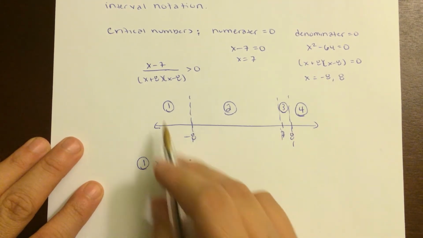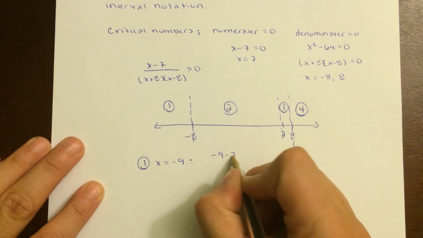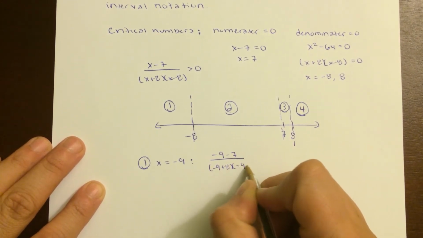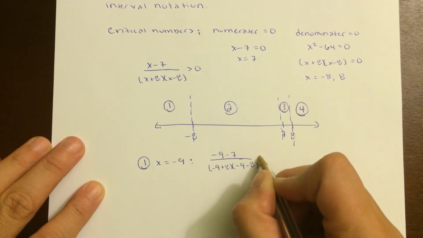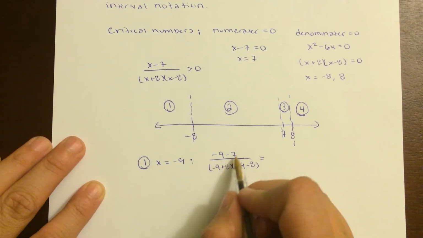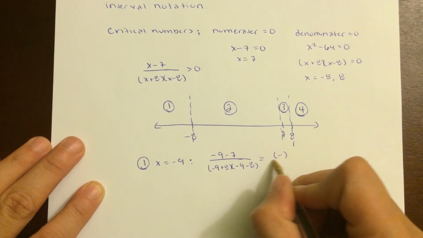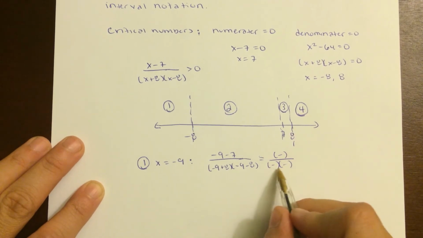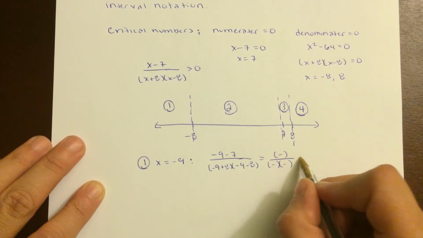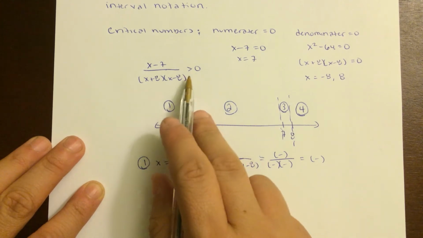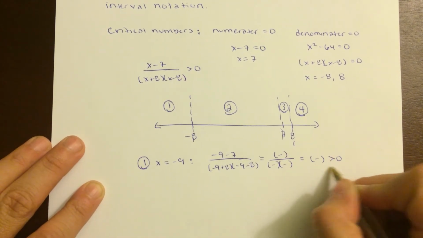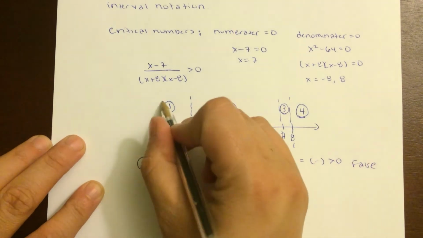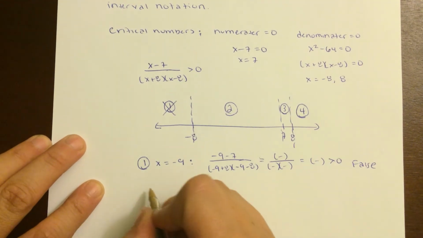I'm not really interested in solving it. What I'm interested in is seeing if it's going to give me a true statement. So this ends up being a negative number over a negative times a negative, which gives a positive, and a negative divided by a positive is a negative. We want this to be bigger than 0, but a negative number is not bigger than 0, so this is false.